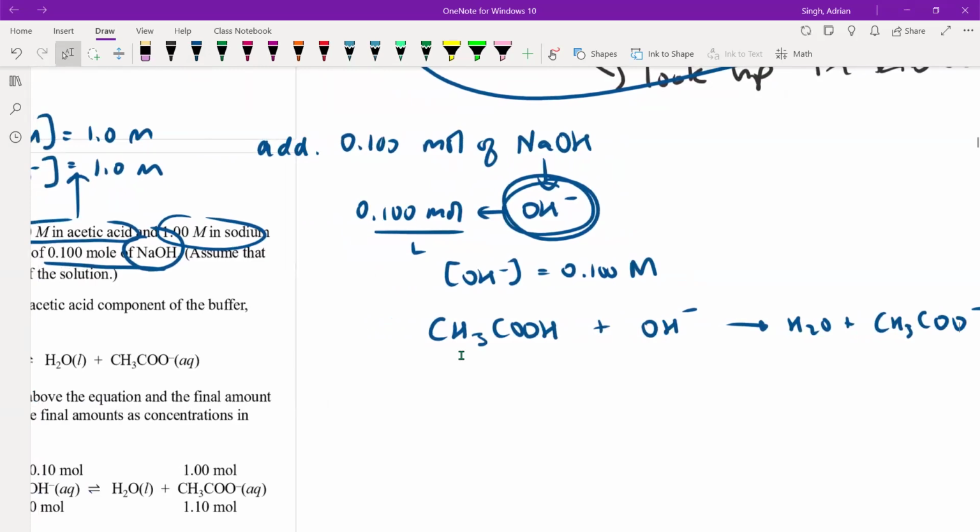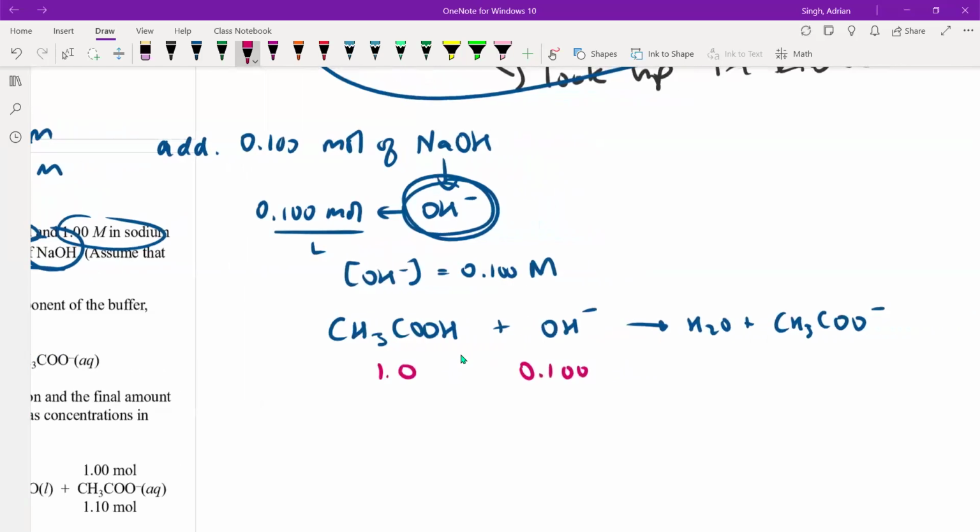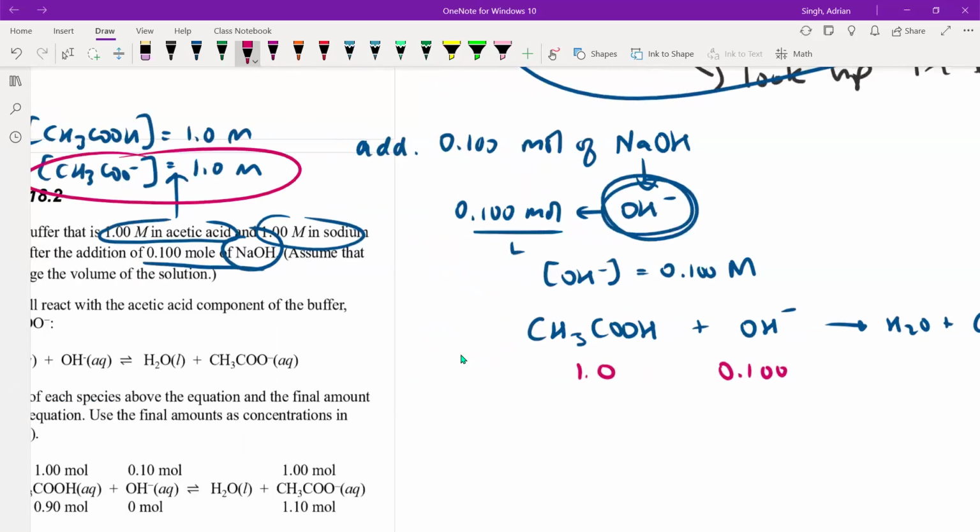So we know now that upon addition of the hydroxide, we're going to have initially 1 mole of the acetic acid. We're adding how much? 0.100 moles of the hydroxide, and we also have 1.0 moles of the acetate ion that comes from the sodium acetate. After we consume, so after using up the OH minus, then this concentration goes to 0.